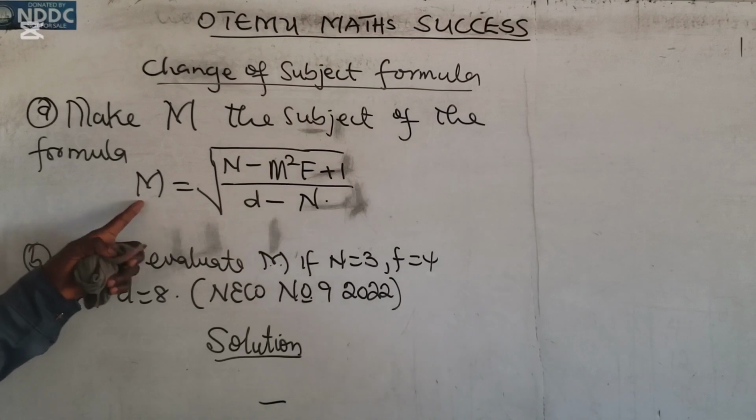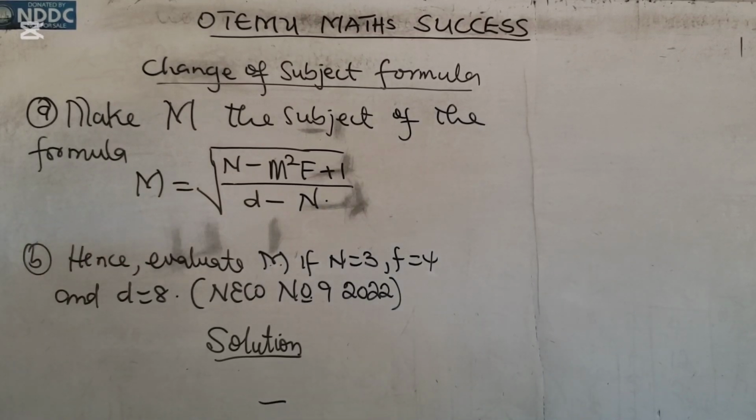If you look at it, M is already here, and they ask us to make M the subject of the formula. We still have M here. Because of this M, I want to bring all to make it 1.